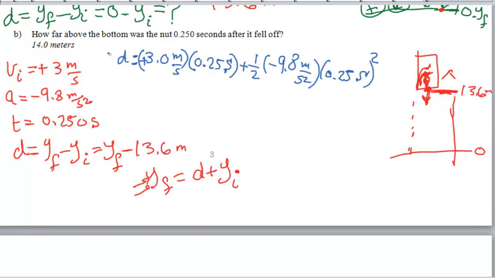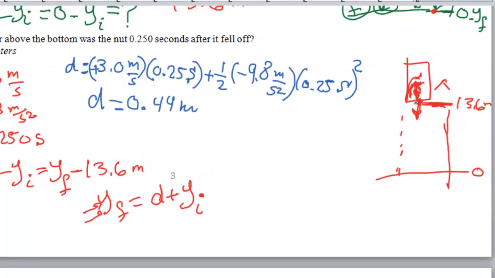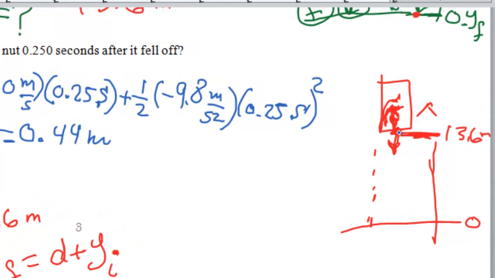Okay, if you carry out the calculations, you get the answer to be 0.44 meter. Okay, so it came out to be positive 0.44 meter, so it will be above the bottom of the elevator.